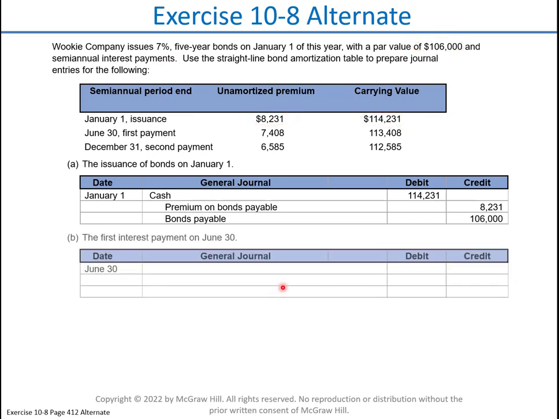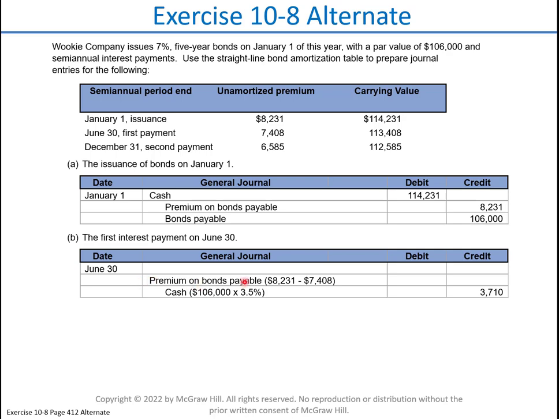The first interest payment is on June 30th. We will credit cash for the par value times 7% times 1/2, which is 3.5. Credit cash for $3,710. That's how much they'll pay out.